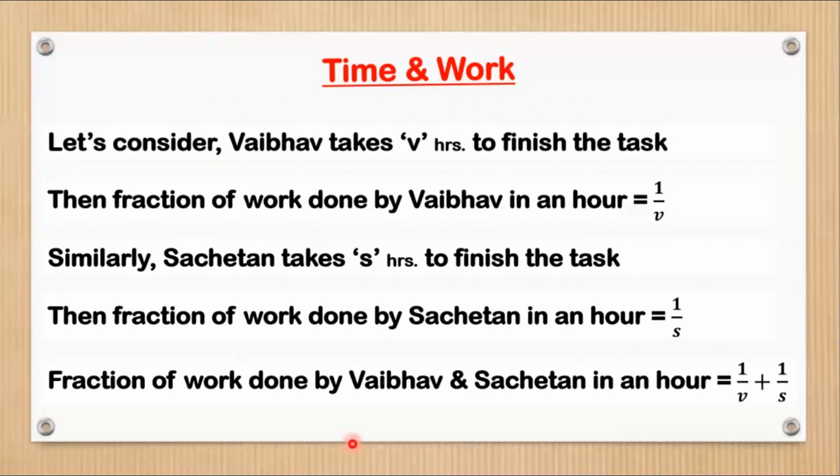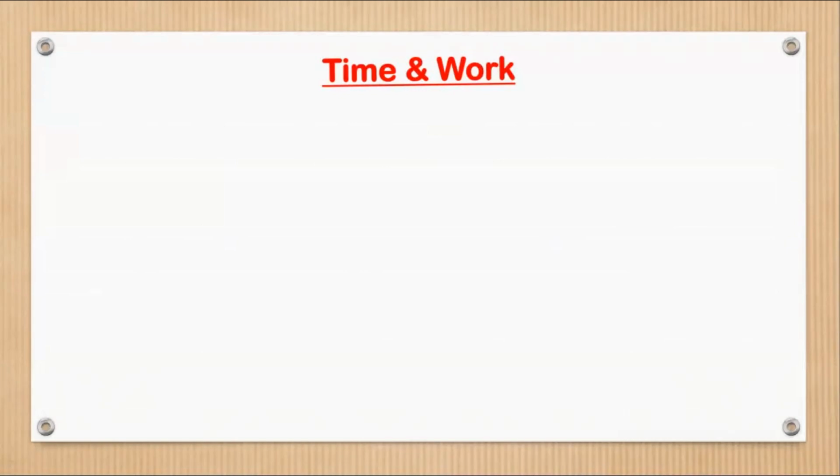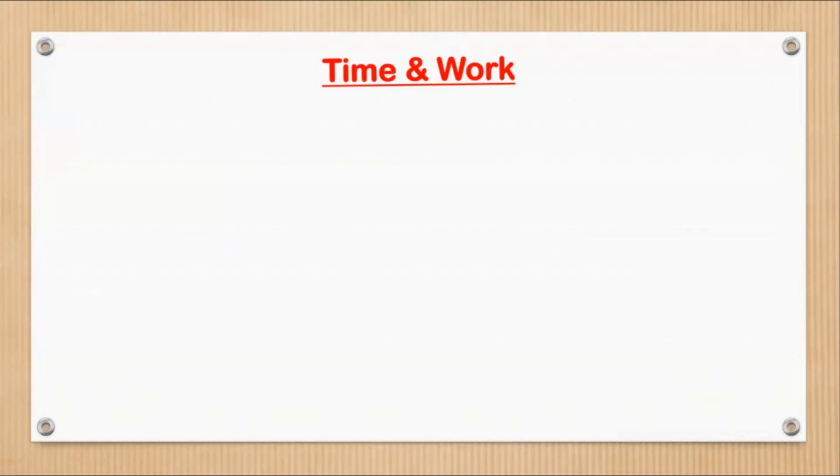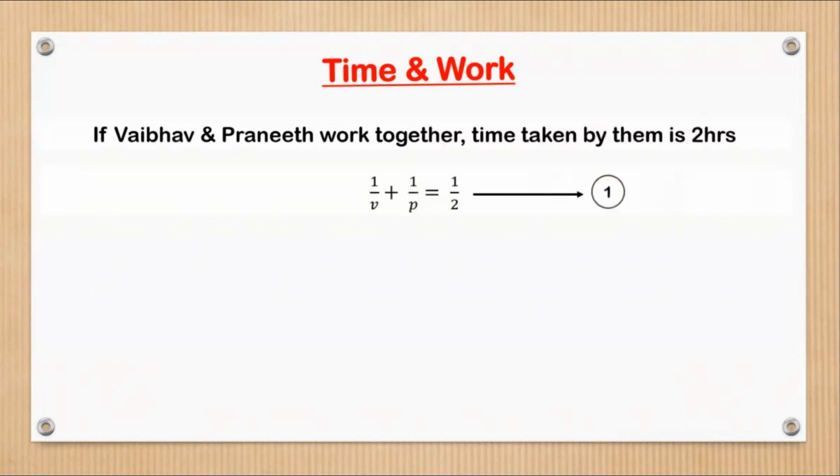According to our known information, Vaibhav and Praneeth took 2 hours to finish the task. Just like the earlier statement, where Vaibhav and Sachetan do 1/V plus 1/S work in 1 hour, similarly for Vaibhav and Praneeth, as they take 2 hours to finish, 1/V plus 1/P is equal to 1/2.